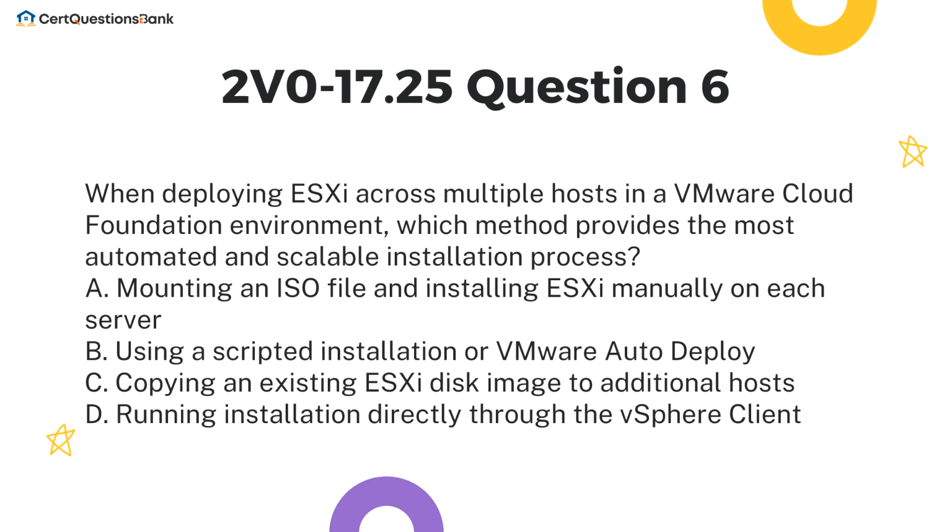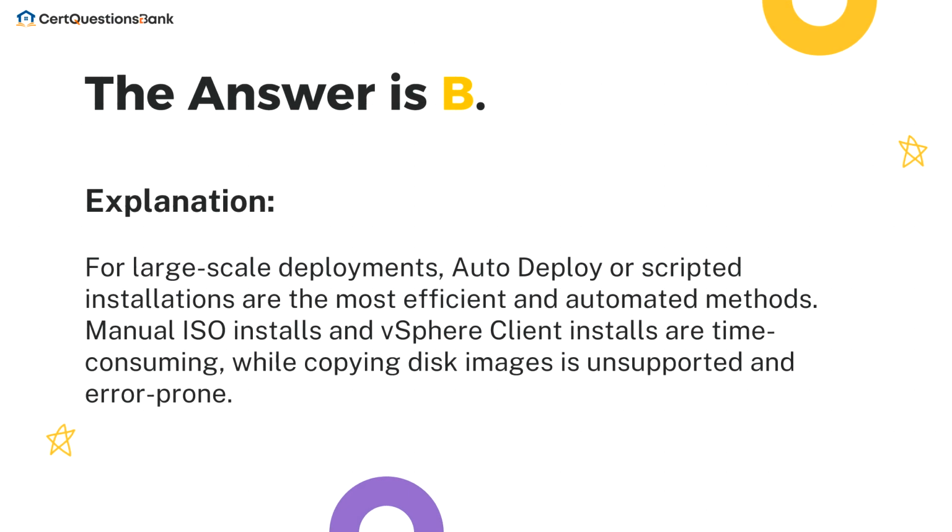D. Running installation directly through the vSphere Client. The answer is B. For large-scale deployments, Auto Deploy or scripted installations are the most efficient and automated methods. Manual ISO installs and vSphere Client installs are time-consuming, while copying disk images is unsupported and error-prone.